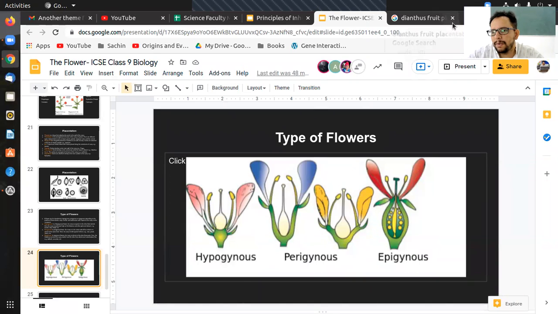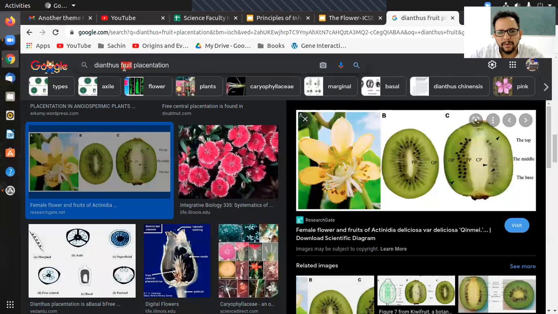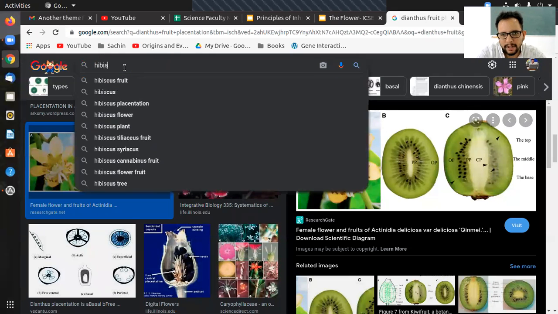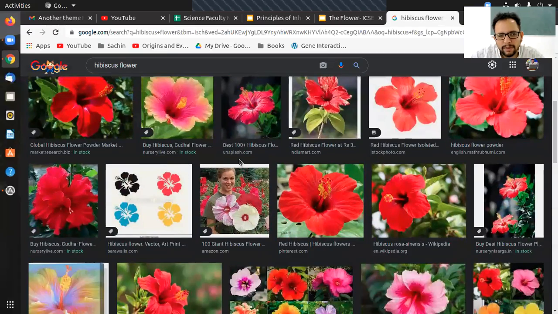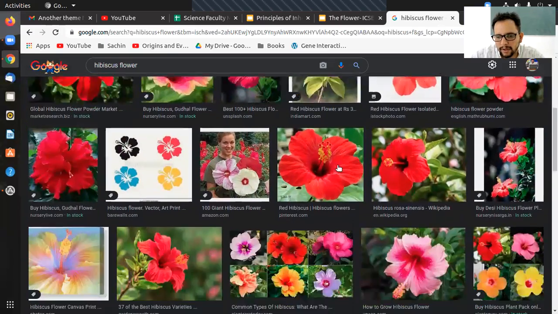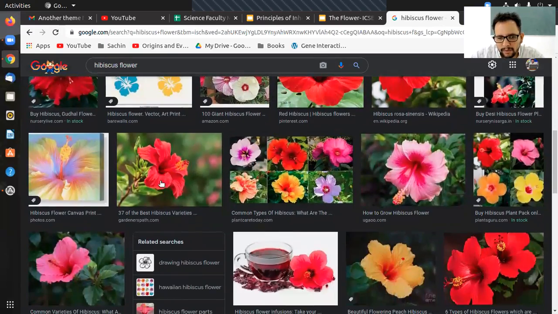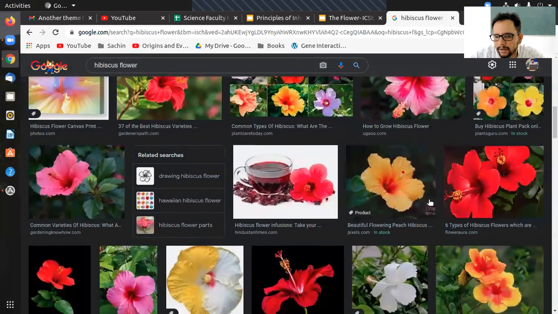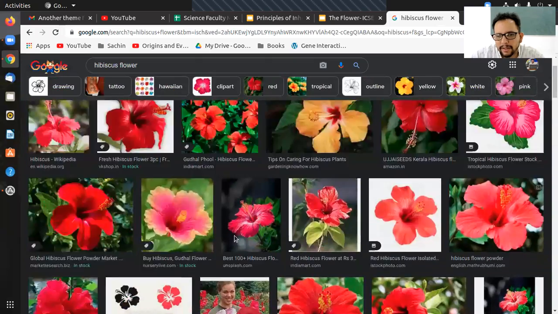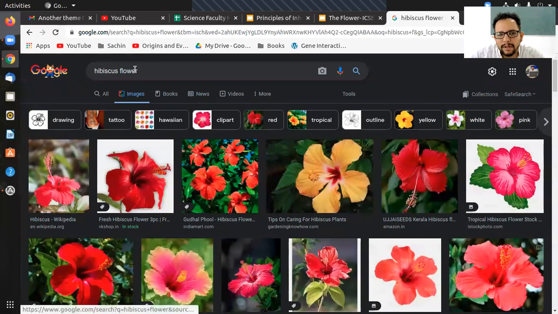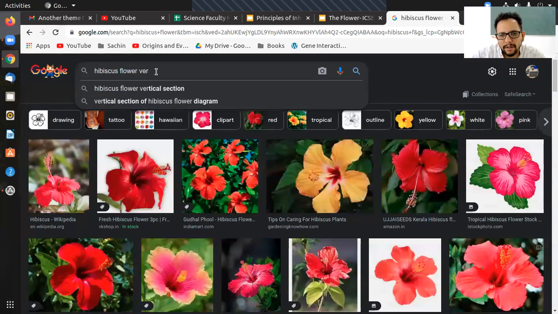And if you look at the hibiscus flower, let me just open this. Hibiscus, not fruit, flower. This is very difficult to find, that vertical arrangement. Let me just put vertical.